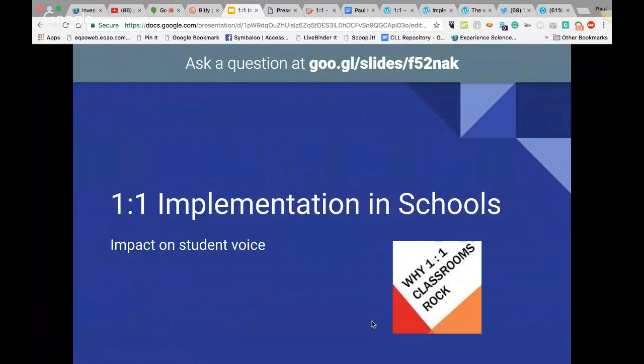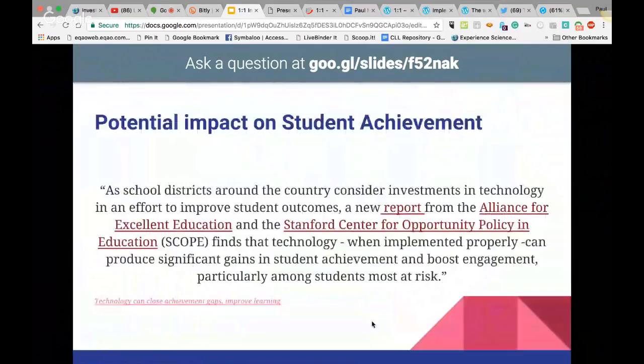Anyhow, these are just some thoughts that I put together today when I was getting ready for this. One thing that people will always want to know is, is there any evidence that this actually has a positive impact on student achievement? I'll show you my LiveBinder collection of articles on one-to-one near the end of this presentation, but I checked one article today.